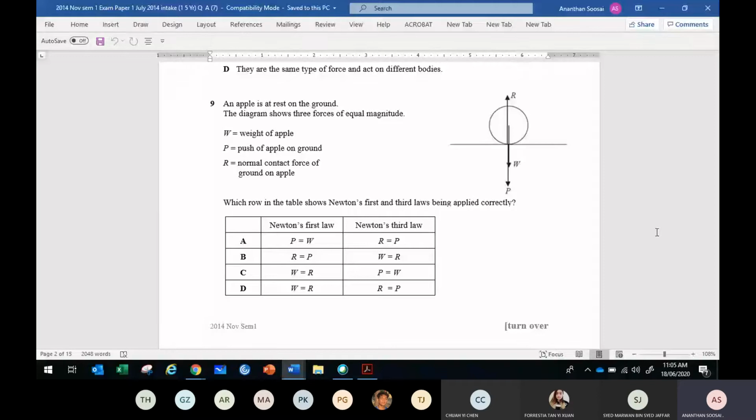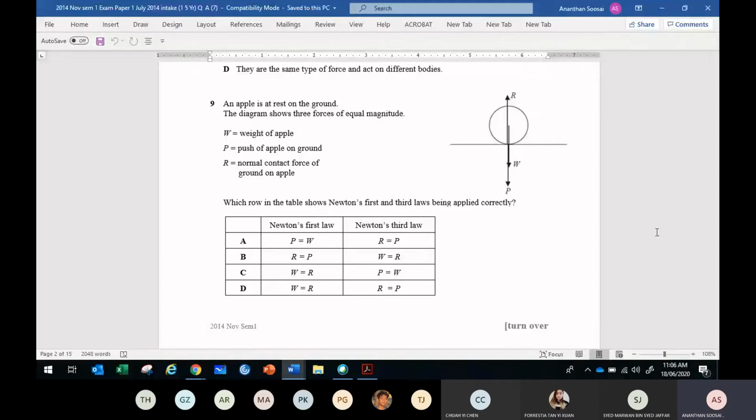The diagram shows 3 forces of equal magnitude: weight acting down, P is the push of the apple on the ground, and R is the normal contact force of the ground on the apple. Which row in the table shows Newton's first law and Newton's third law being applied correctly?